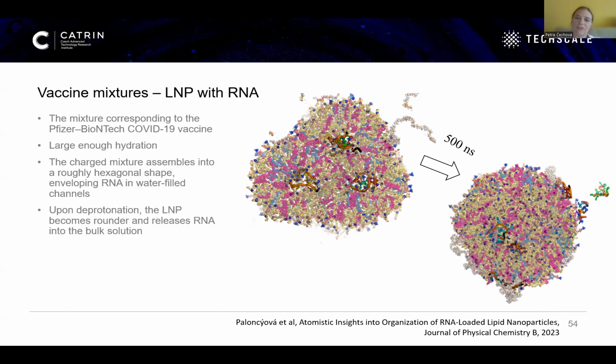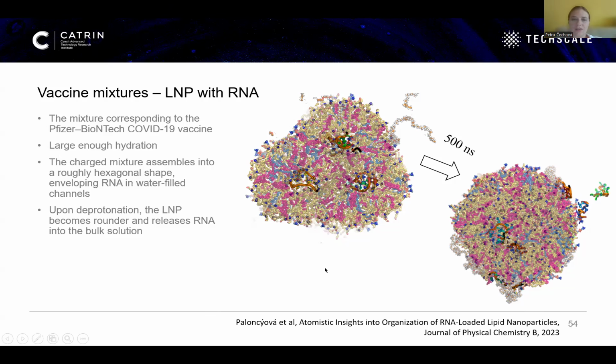On the other hand, if we deprotonate this structure and have the uncharged form of the ionizable lipid, we get the spherical form which we saw previously. And the RNA doesn't stay inside of the lipid nanoparticle and is released outside, or leaves the structure.